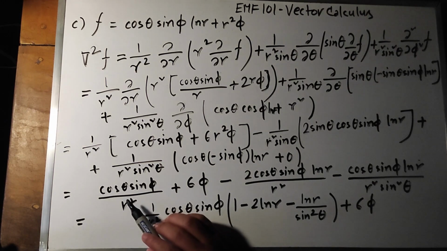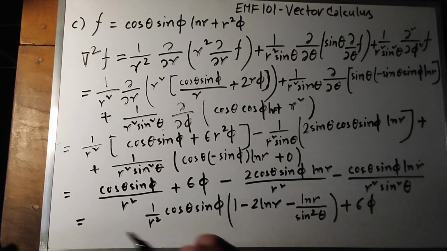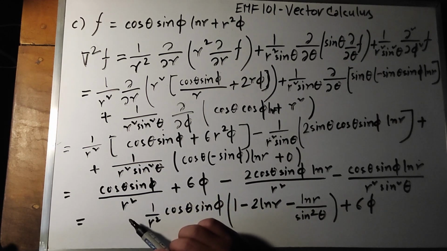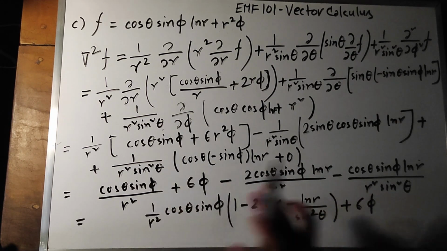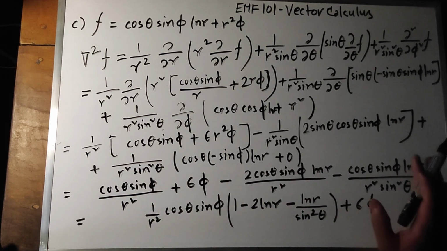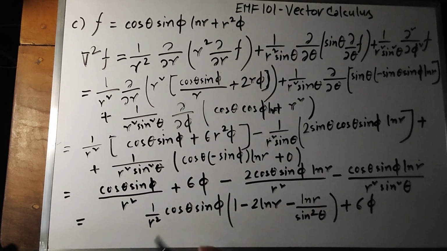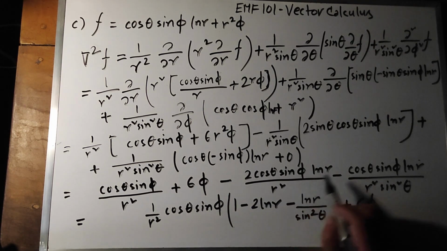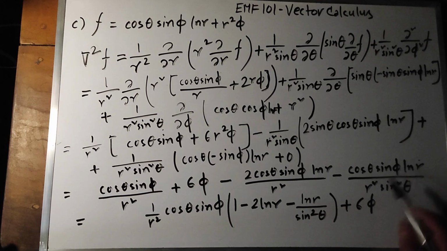So here we have a common factor in the three parts, so cos theta sin phi by r square is common in these three parts of the result. So if we take the common out, so 1 by r square cos theta sin phi, and in the brackets it will be 1 minus 2 ln r minus ln r by sin square theta plus 6 phi. So this is the answer.